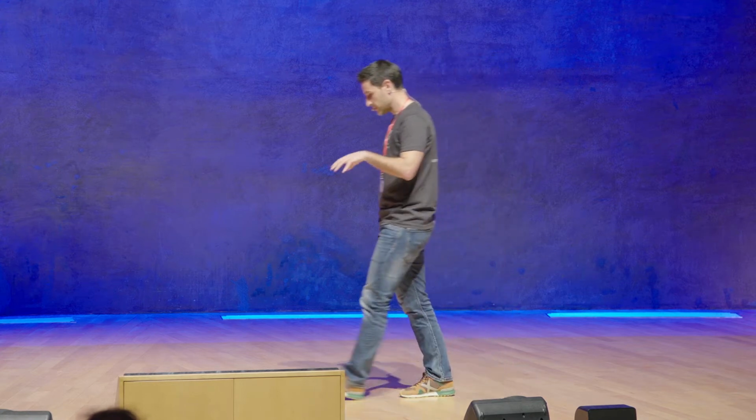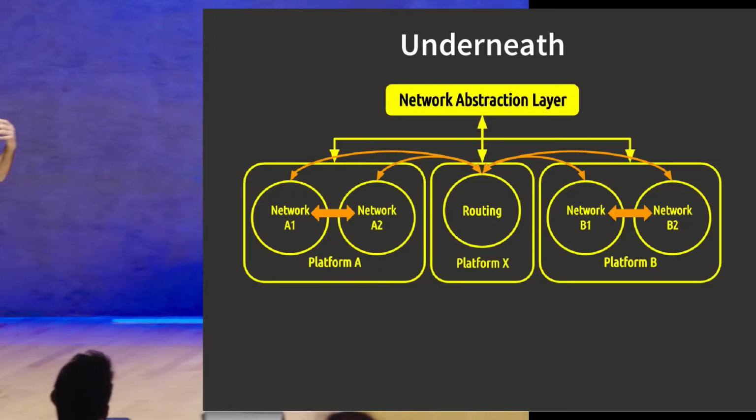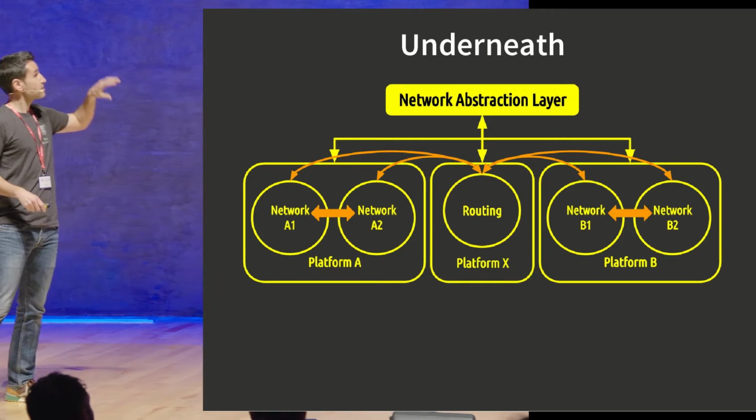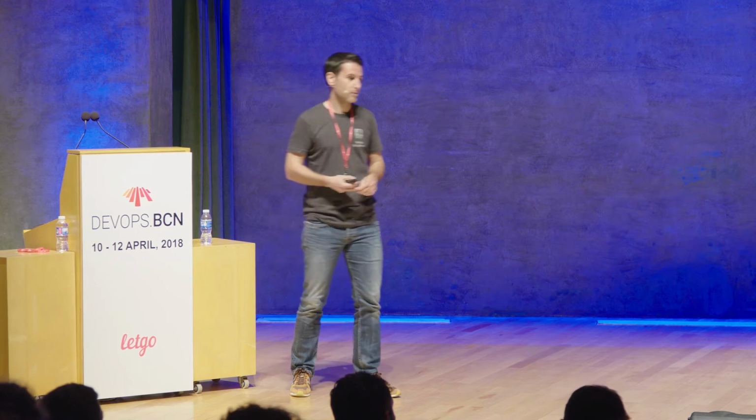So underneath this abstraction layer, what we have is what we had before in the other picture. We have this diagram that has several platforms with several networks. And also, in the middle, we have this routing process that can just connect several providers. Could be on-prem, could be on cloud.